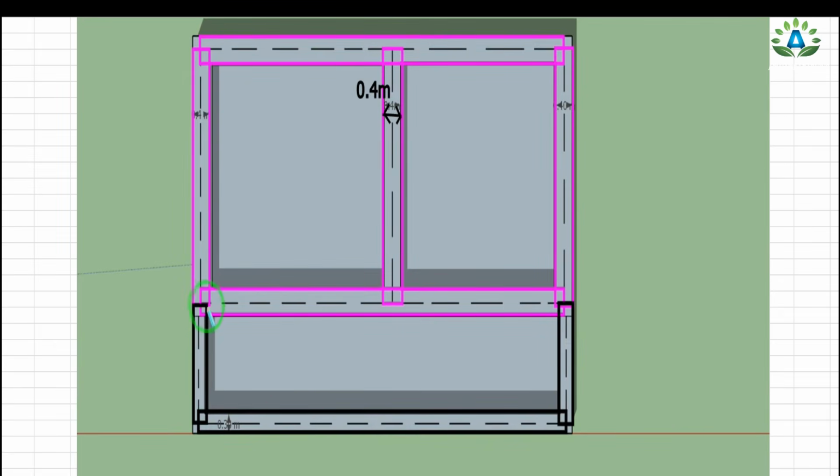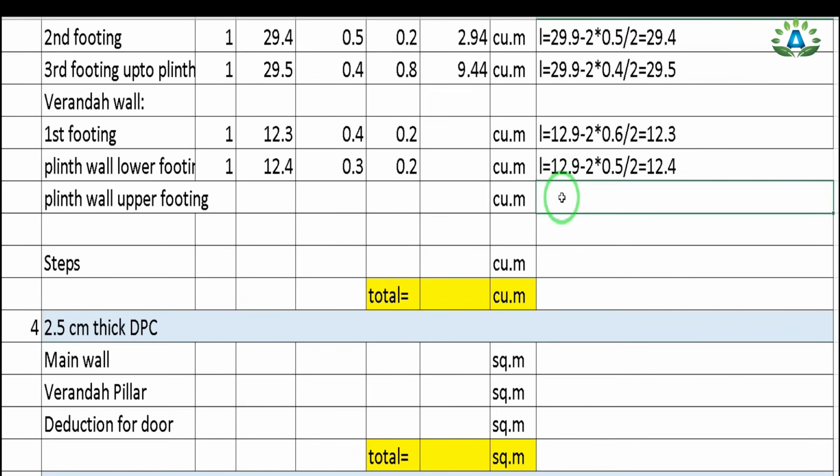Here we can see that this small portion and this small portion are considered twice, so we need to subtract these. This is 0.4 and this portion is 0.4 by 2. So in this total center line, that is 12.9, we need to subtract 2 times 0.4 by 2, and 0.4 is the main wall width. So we get 12.5 meter.